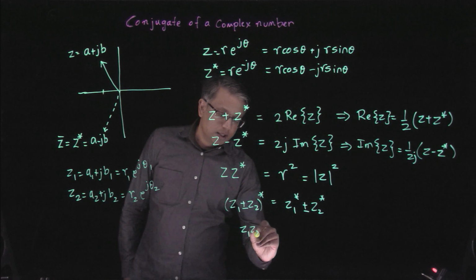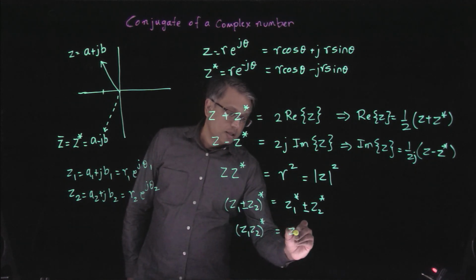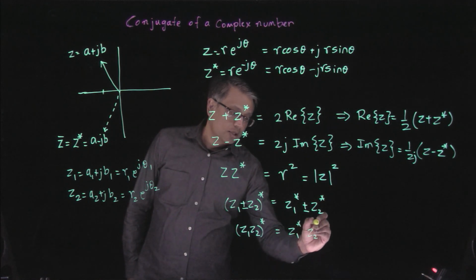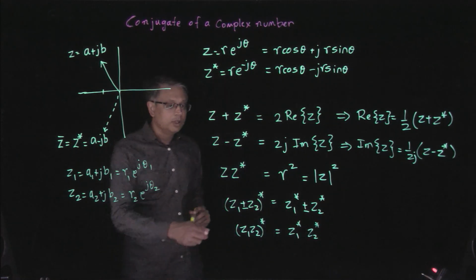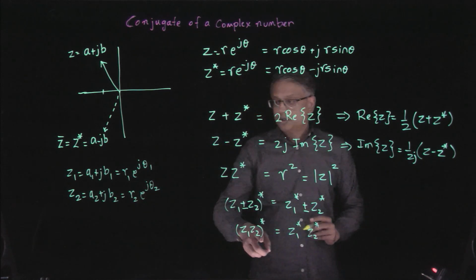Similarly, the conjugate of Z1 times Z2 is the conjugate of Z1 times the conjugate of Z2. To see this, you can look at the polar representation for Z1 and Z2.